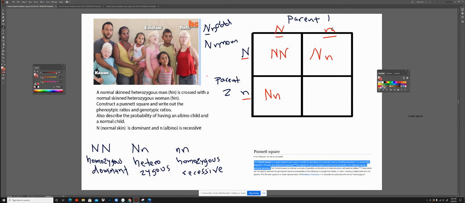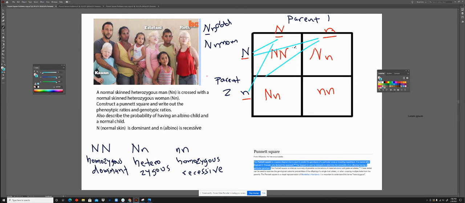Little n and little n combined together make two little n's. Usually that's why we're going to do it on paper. When I used to do these problems, I would use my pencil or pen and combine them like this: this one with this one, this one with this one, this one with this one, and this one with this one. It's kind of similar to the FOIL method in math.